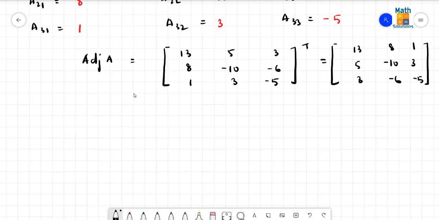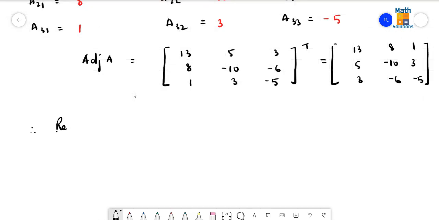After this, therefore, we get the required inverse.